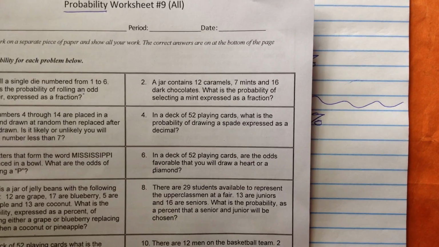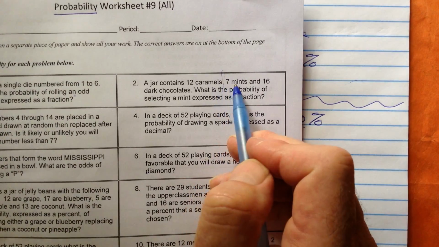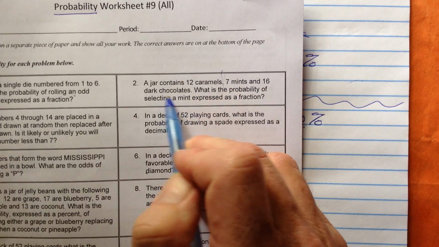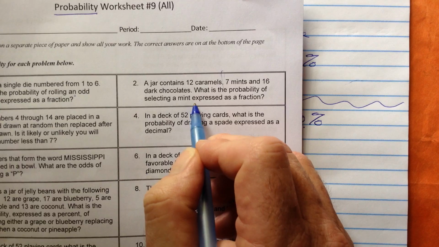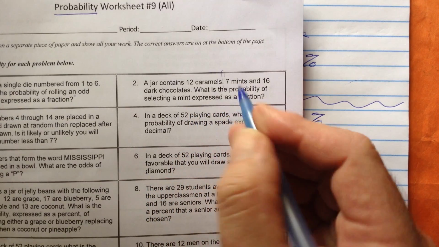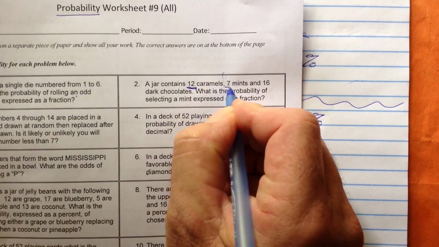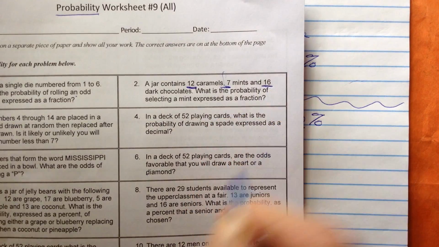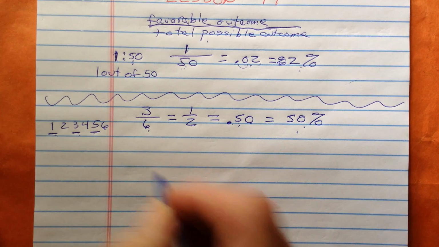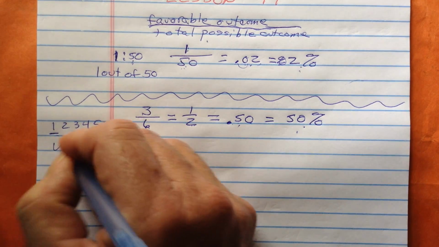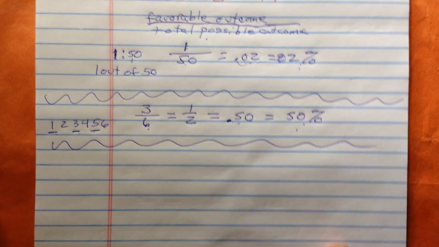It says here, a jar contains 12 caramels, 7 mints, and 16 dark chocolates. What is the probability of selecting a mint, expressed as a fraction? So I want to find the total. I need to add all these up, the total candies inside the jar. I need more room here.